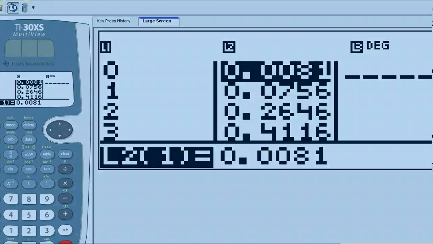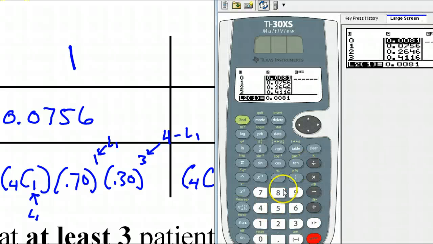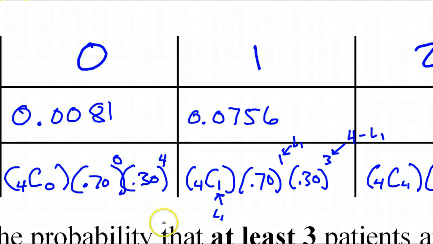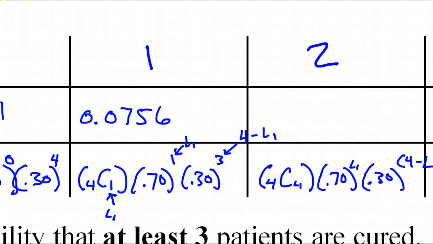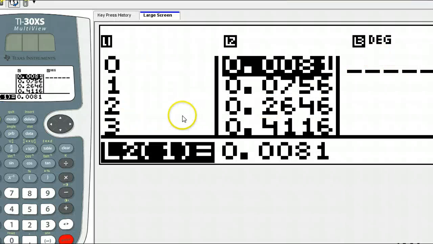Maybe I can move this over now. Okay, that 0.0081, that's that first value we got. And then you see 0.0756. All right, that's this value. Okay, but now the next one is 0.2646.